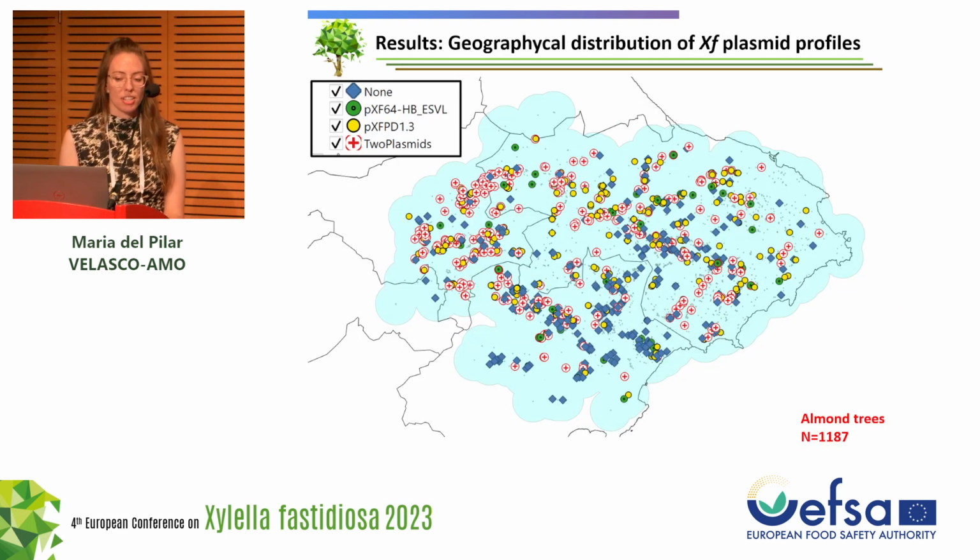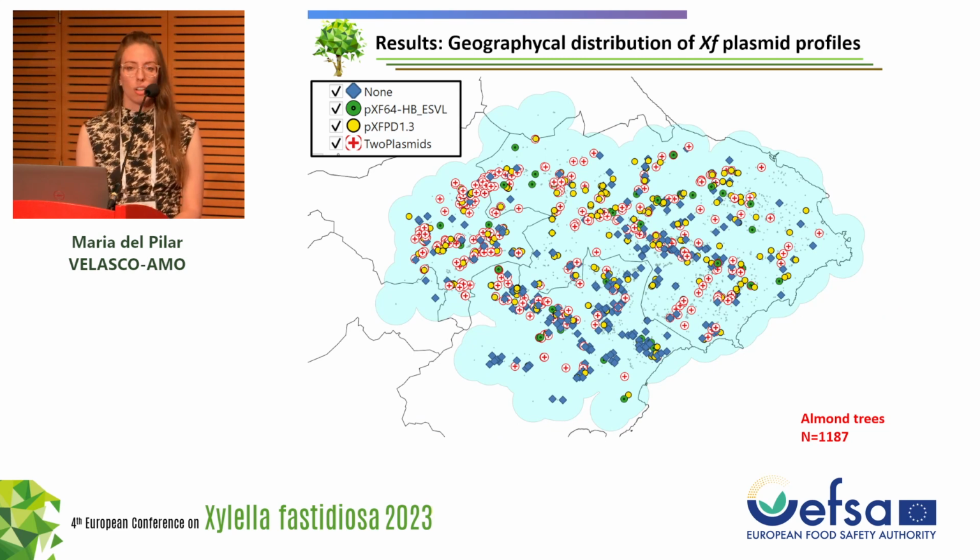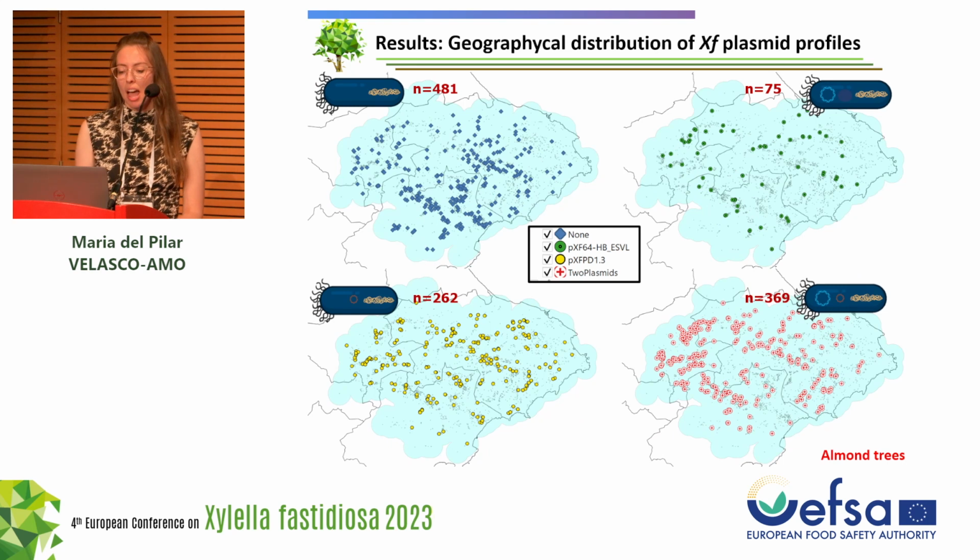So this is the geographical distribution of the Xylella fastidiosa genotypes. All of these dots represent samples from almond tree. And for easier visualization, this is the same representation, but with separated maps of the genotypes.